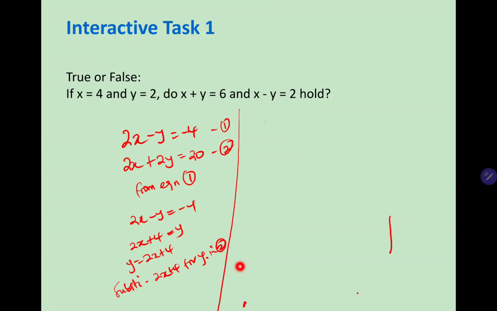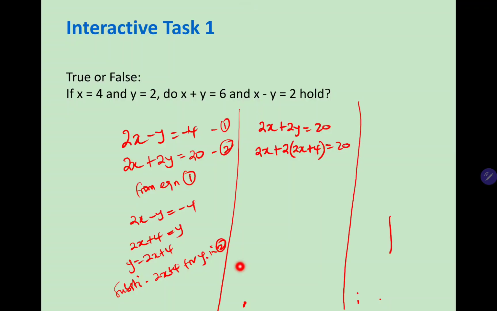So we now pick our equation 2. From equation 2, we have 2x plus 2y is equals to 20. So if we're changing the value of y, we then have 2x plus 2 into, what is the value of y here now? 2x plus 4 is equals to 20.